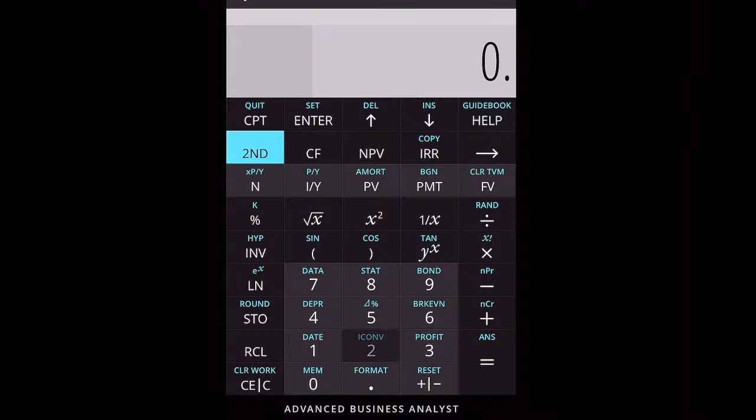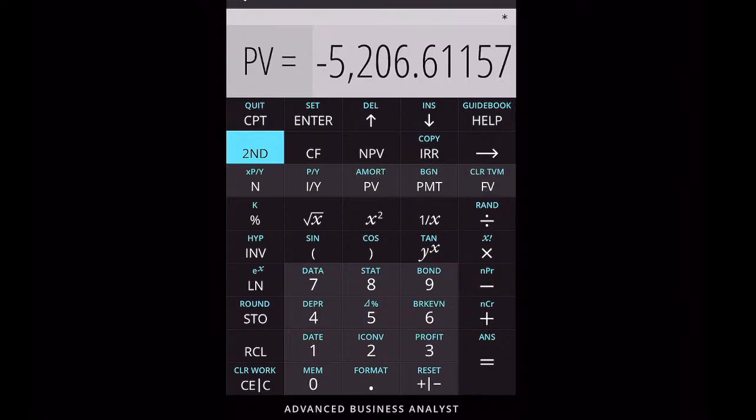So it's going to be 2 periods at 10% with the payment of 3,000, nothing FV because I want PV. So that is the PV.